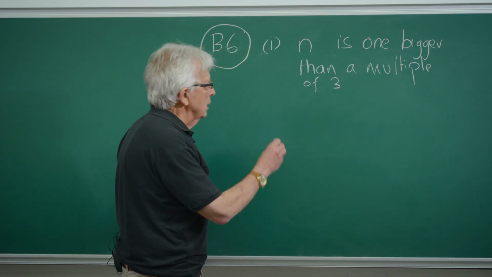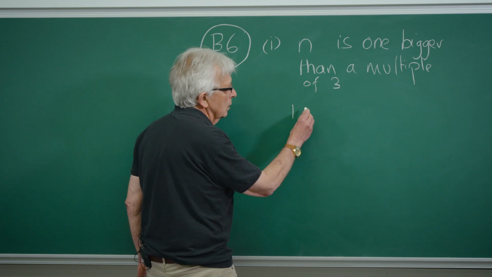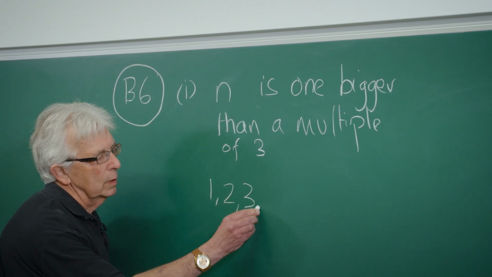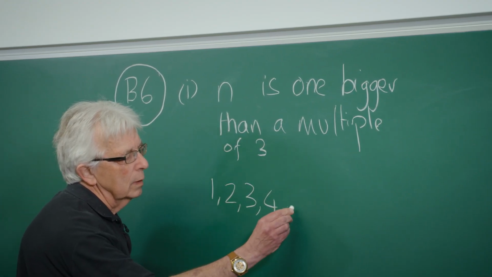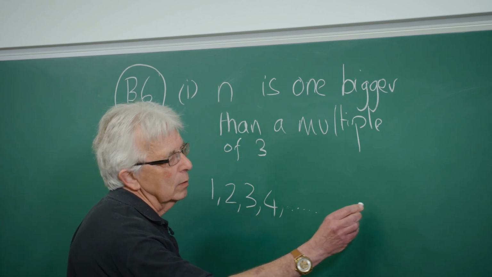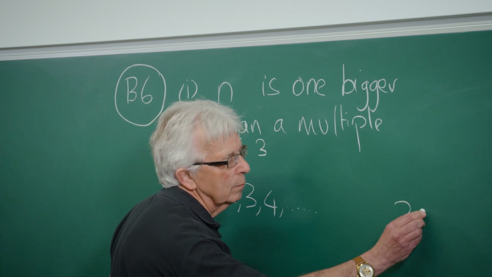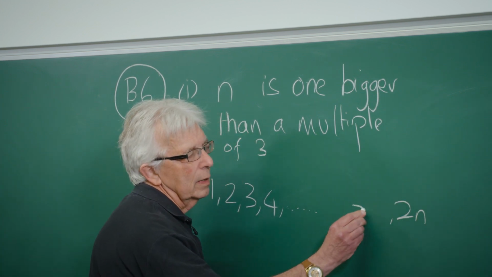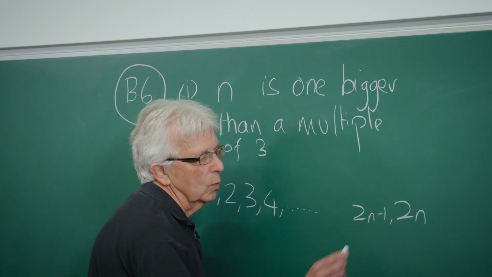And if we look at the sequence here, we've got 1, 2, 3, 4, and we carry on up to 2n, and the term before that is 2n minus 1.